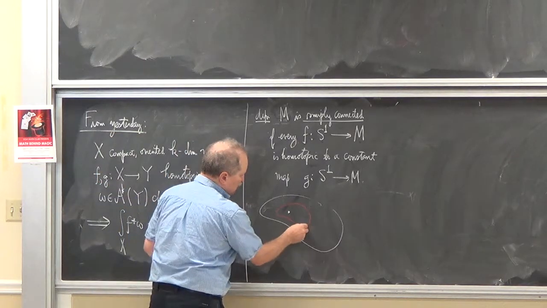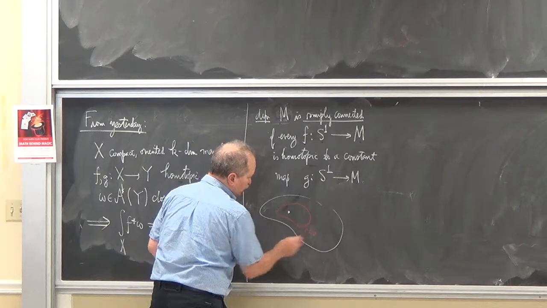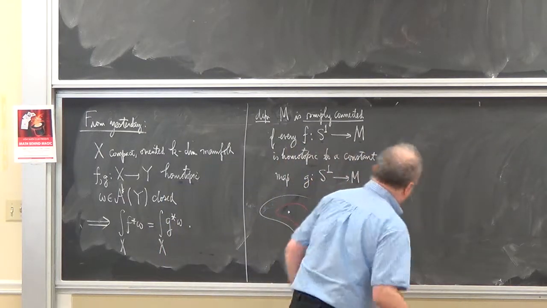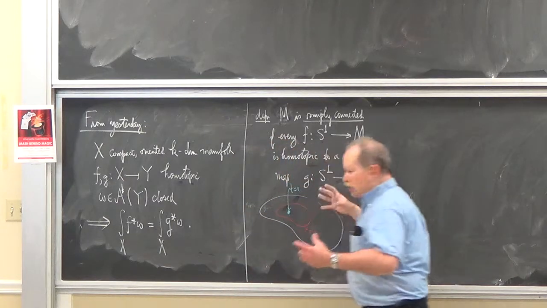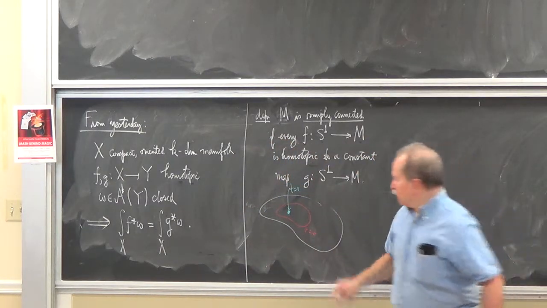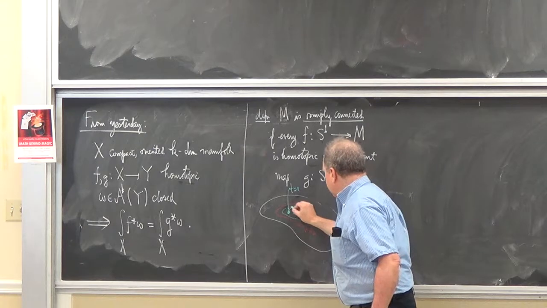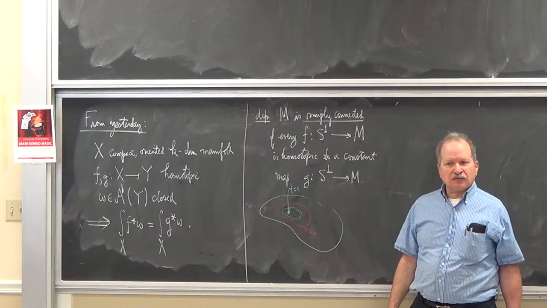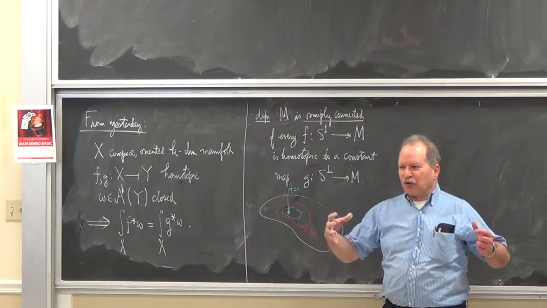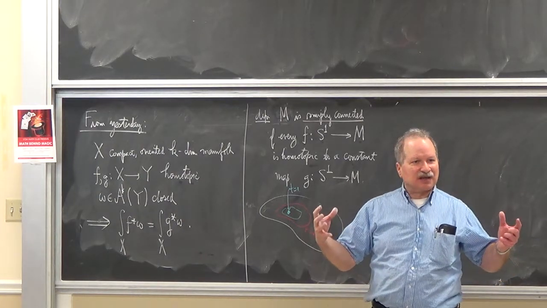This is what you would see at time 0. This is what you would see at time 1. And in between, you could imagine the curve deforming gradually, getting smaller and smaller. So, for example, a ball is simply connected.